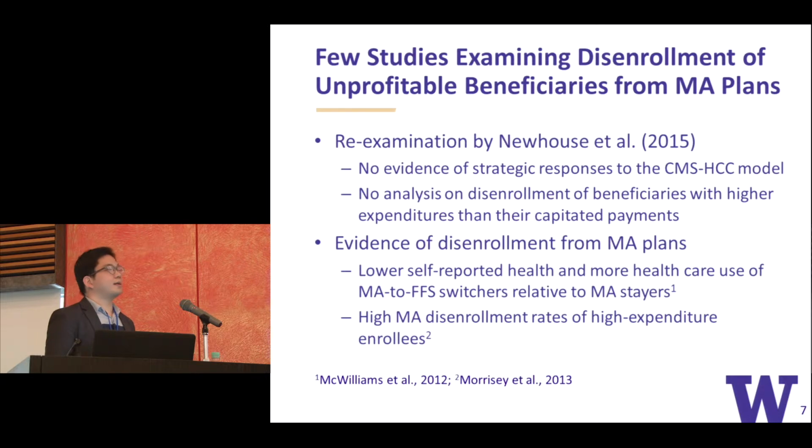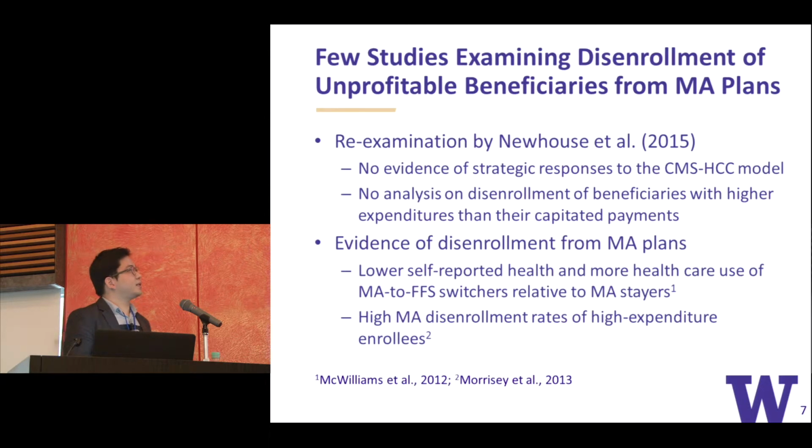They only looked at enrollment into MA plans, but they didn't look at disenrollment from MA plans. So it is still unknown whether MA plans selectively disenroll people who have higher expenditure than their capitated payments, especially among high risk score people.